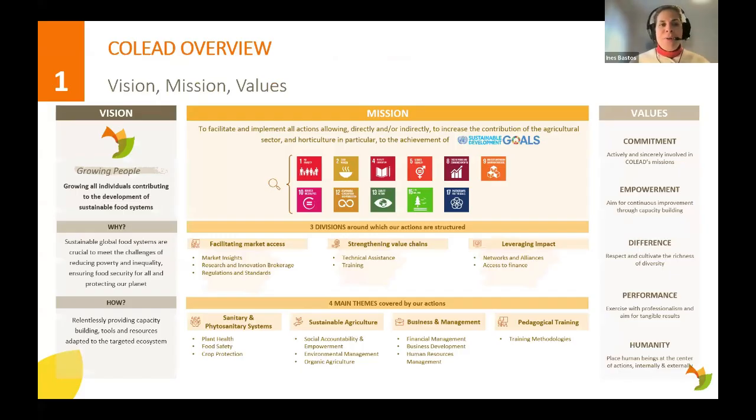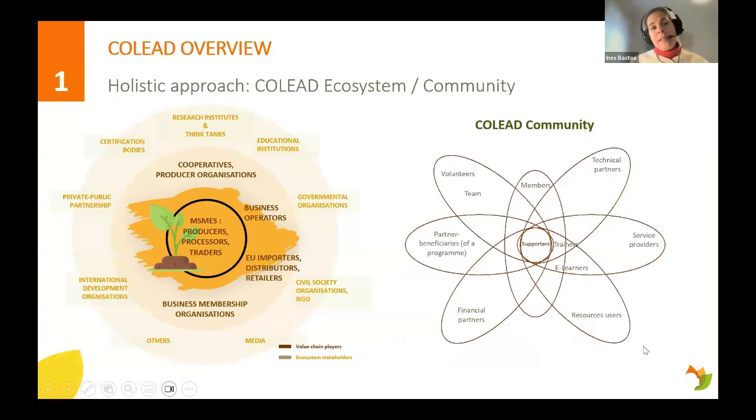I think you all know COLID, our vision, our values, our main thematics, the way we are structured, and the way we are aligned, and our mission is aligned with the Sustainable Development Goals. You also are quite familiarized with our holistic approach and the fact that we have at the center of our activities the companies, the SMEs, the producers, processors, smaller, bigger, in local, regional, international markets, also the cooperatives.